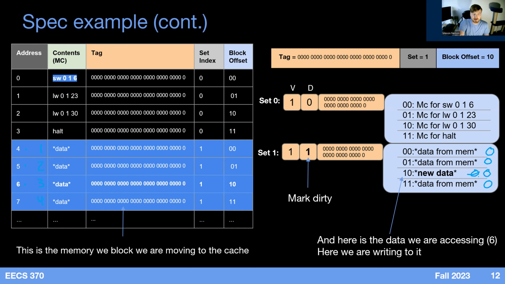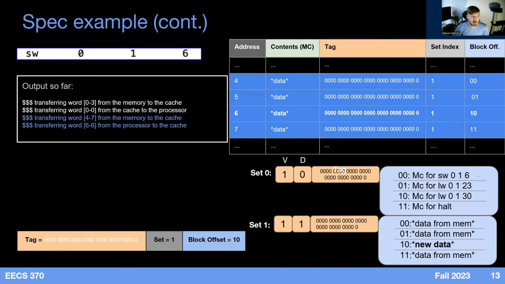But now this block is dirty. It has a tag of 0 inside of set 1. And so this will produce these 2 print actions. Because our set 1 was empty, we didn't have to evict anything whenever we got that miss. And so then we brought in the words 4 through 7 from memory to the cache.